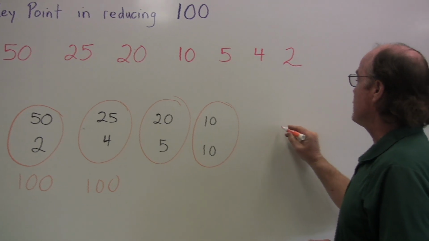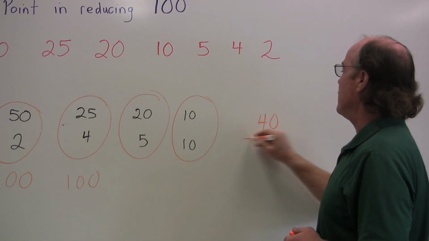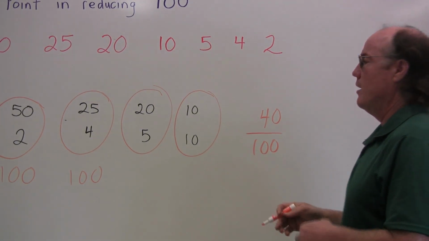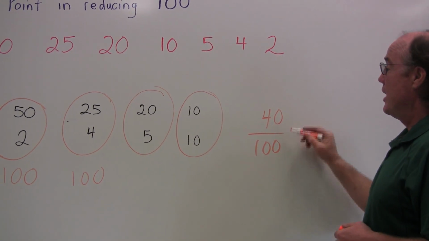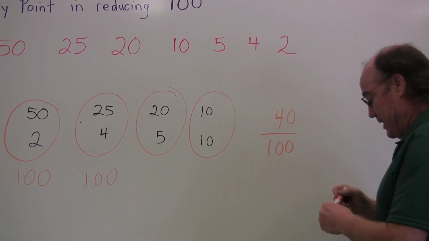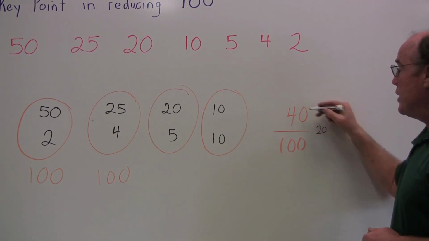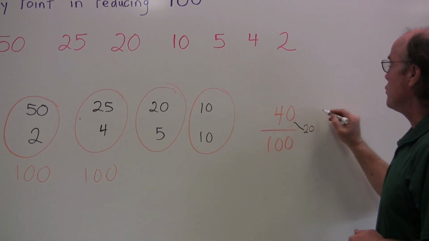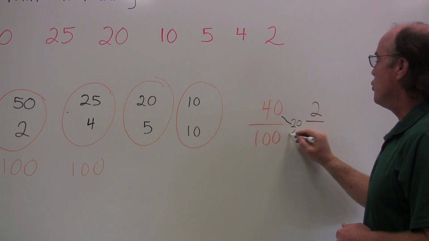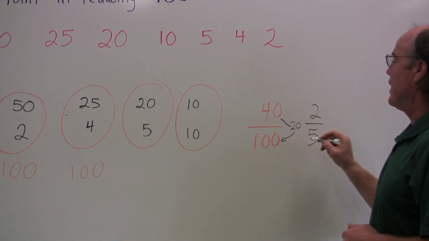So if we have something, say, like 40 over 100, we say, what's the biggest number that can go into here and here? And that's going to be 20. And then we can reduce this by saying 20 goes into here 2, 20 goes into here 5.